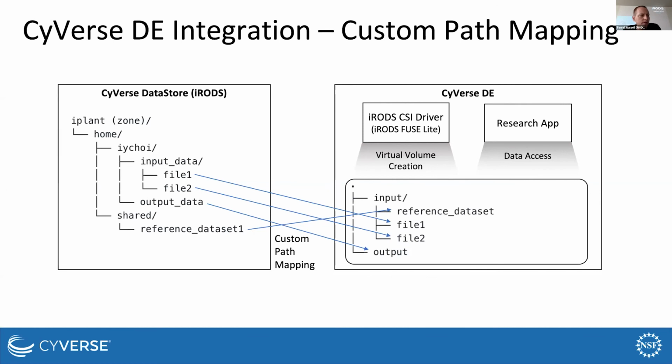Got it. That makes sense. And the CSI Driver as well. That's how CyVerse DE integrates the CSI Driver, because we need to map multiple input collections and data objects and the output directory as well. So we use just a single iRODS FUSE Lite process to handle all of them. And then it shows up in DE that way.